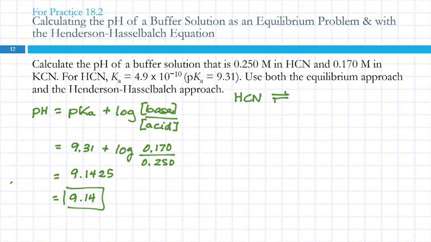So here we have our acid in equilibrium with hydrogen and the conjugate base. We're going to make an ice table. I'm going to put in the initial concentrations, so 0.250, and CN minus is 0.170, and the hydrogen is approximately 0.